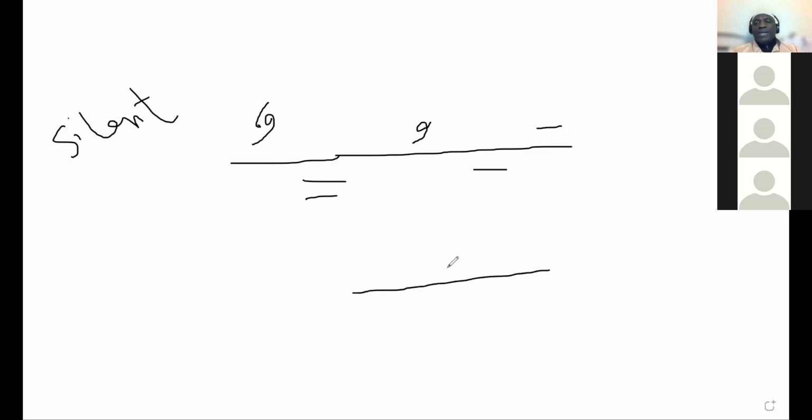However, if you see Fatihateni at the end of ayah, we make it single Fataha, which is A. We make it what? Single Fataha.